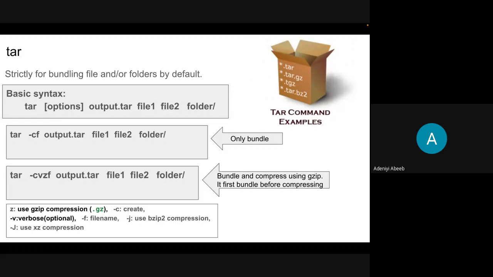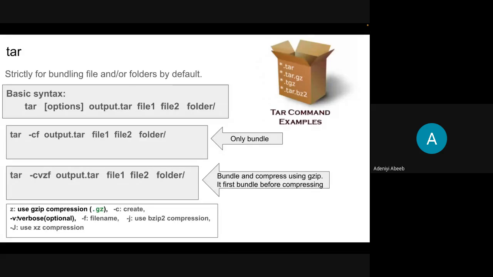But there's an option that you can add that might turn tar into a compression tool. So you have the minus z, you have the minus v, you have the minus g. Like I told you, tar bundles by default, it doesn't do compression.